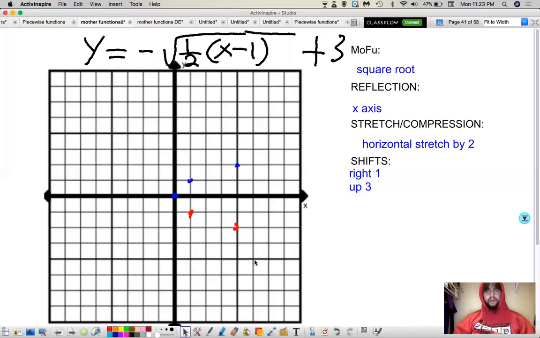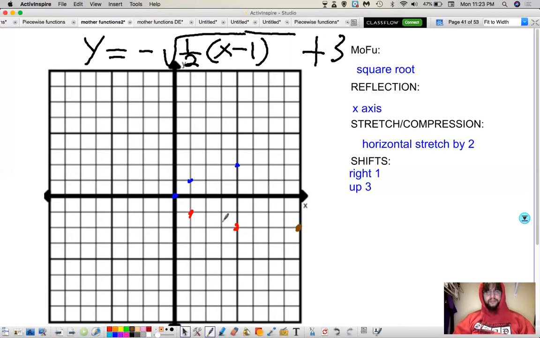Okay, we're good. Now I can do my horizontal stretch 2. I'm going to start over here. And these are gone. That's 4 times 2 is 8.